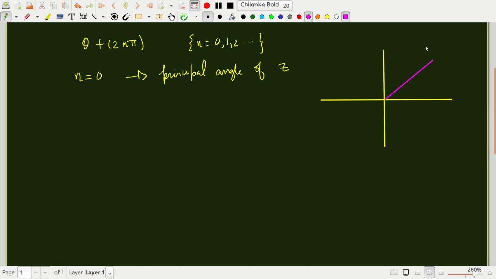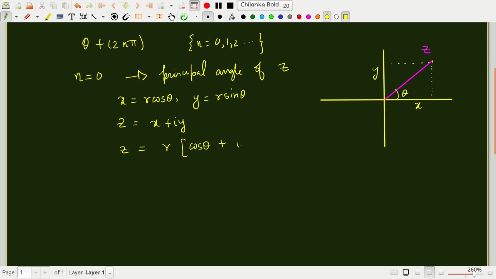This is z, this is x, this is y, and this is theta. From elementary trigonometry, you know that x is r cosine theta and y is r sine theta. So if I have z as x plus iy, then I can immediately write this as r times cos theta plus i sine theta.